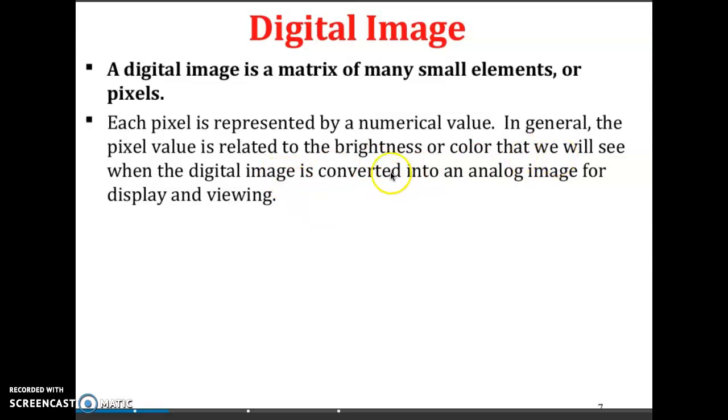When the digital image is converted into an analog image, it is convenient for viewing purpose. For displaying or viewing, the image is again brought into the analog image form.